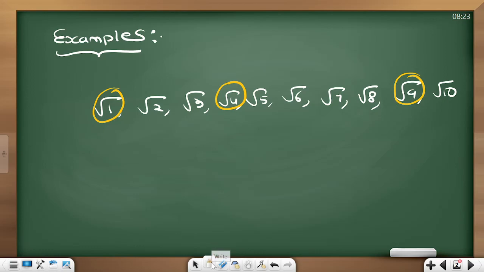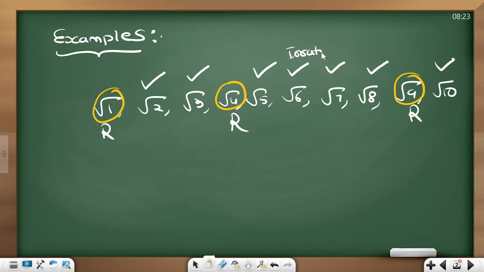So whichever has proper answers, those are called rational numbers. For root 1, you will get answer 1, which is rational. For root 4, you will get answer 2, which is rational. For root 9, you will get answer 3, that is rational. Other than these, remaining all are irrational numbers. So these are the examples we have seen.